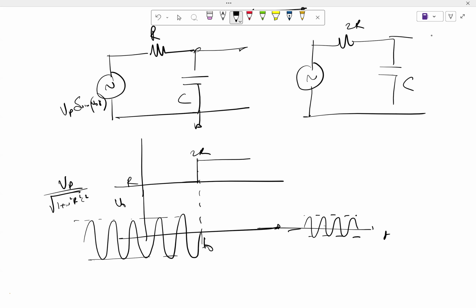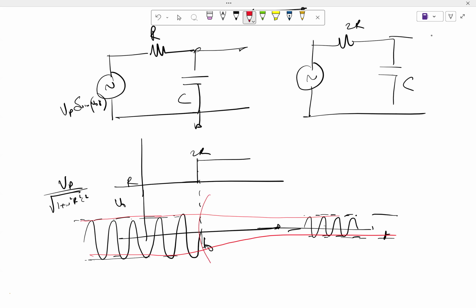Note that this amplitude is not changing at steady state. That's the envelope. So that is h of j omega. But somewhere in between, when the system changes, this amplitude will go from high to low. If I just draw the envelope, it will go from high to somewhere low.